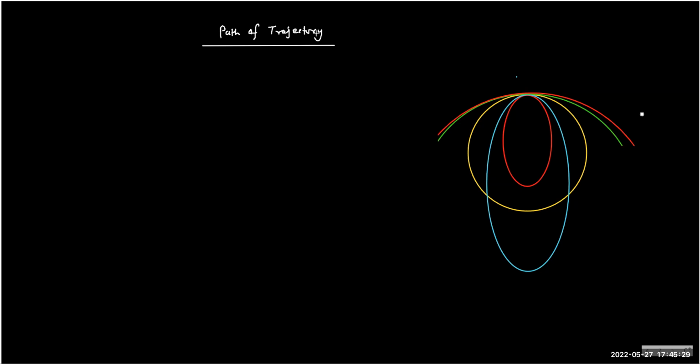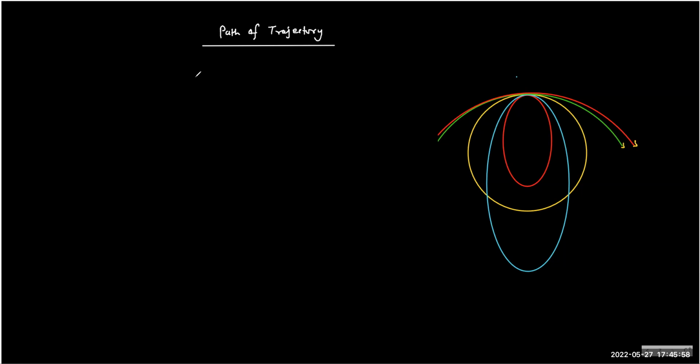Sir, why do the planets move in an elliptical path around the sun? Because see, what happens? Let's say if you throw something very fast, but do not throw with a speed equal to the orbital velocity, because we have seen that every circular orbit will have a predefined velocity, right? Yes, sir.